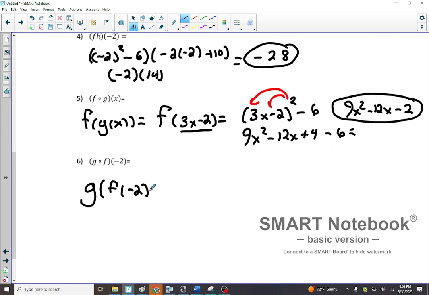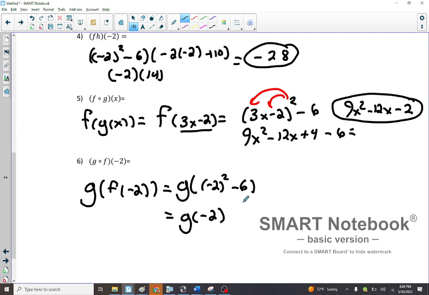This one has a number inside, but it's the same concept. G of f of negative 2. I'm going to do g of whatever my f equation is at negative 2, which is negative 2 squared minus 6. Negative 2 squared is 4, and 4 minus 6 is, again, negative 2. So g of negative 2. They happen to be the same, but they're not always going to be.